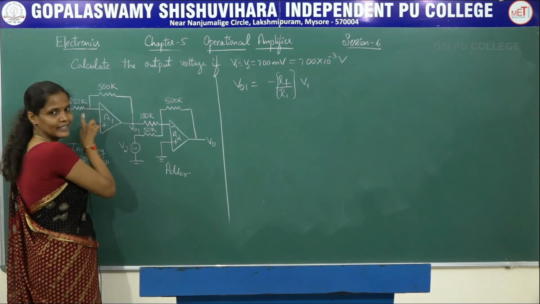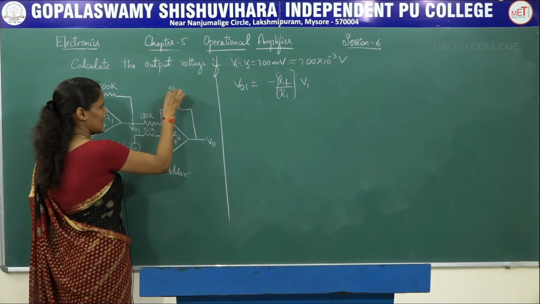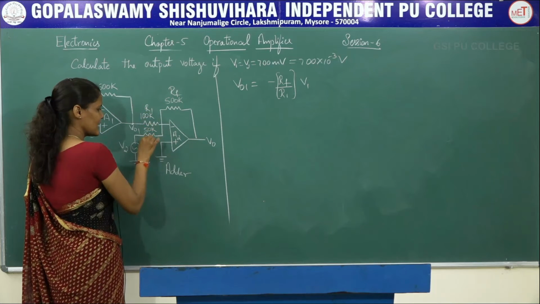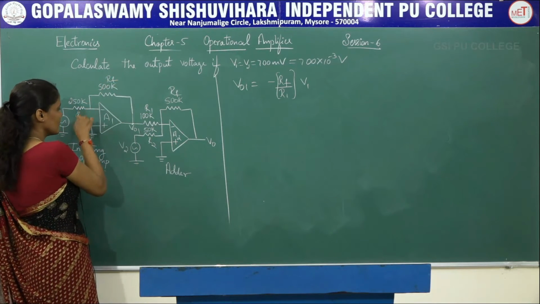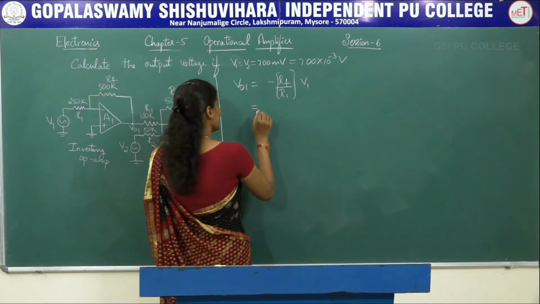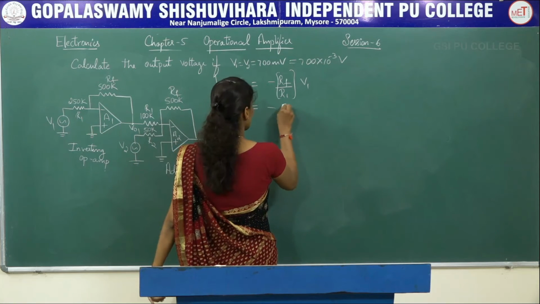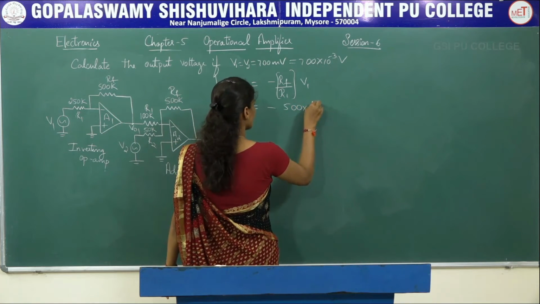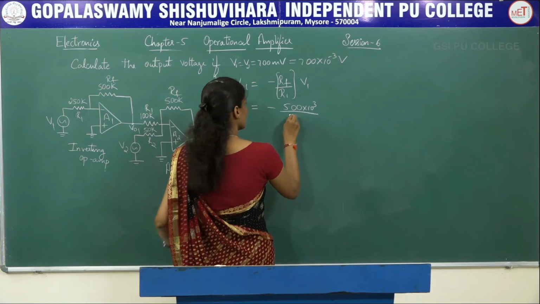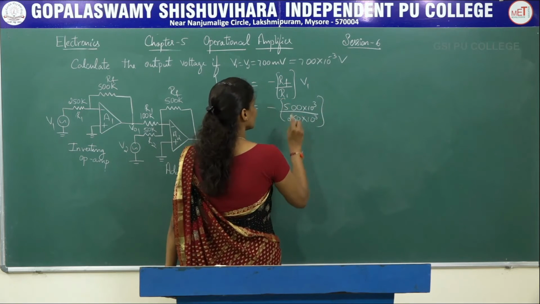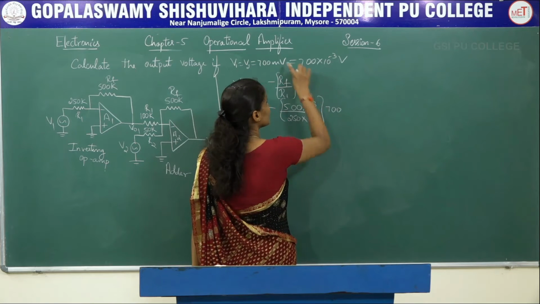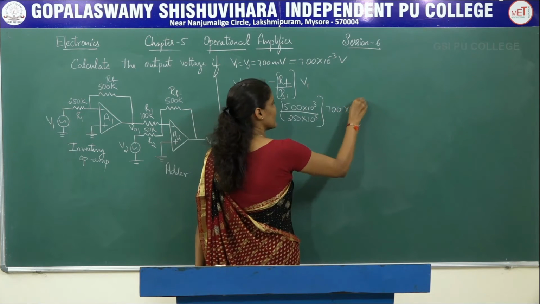This is Rf, this is R1, and this is R2. So minus Rf, Rf is 500 into 10 to the power of 3. R1 value is 250 into 10 to the power of 3. V1 value is 700 into 10 to the power of minus 3.